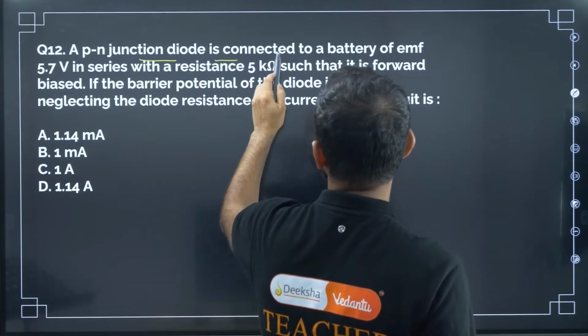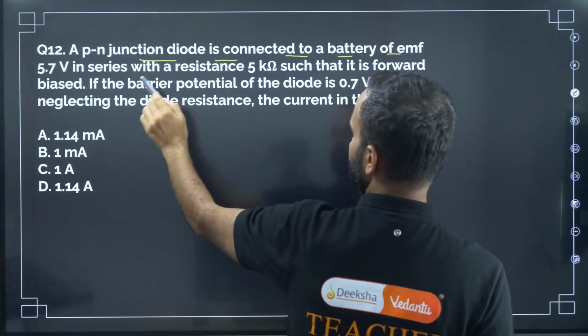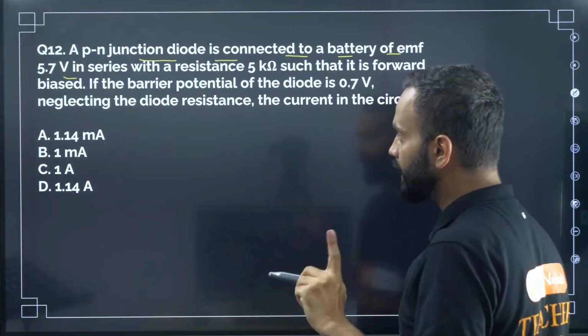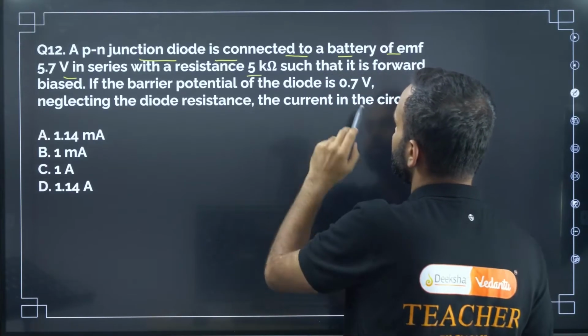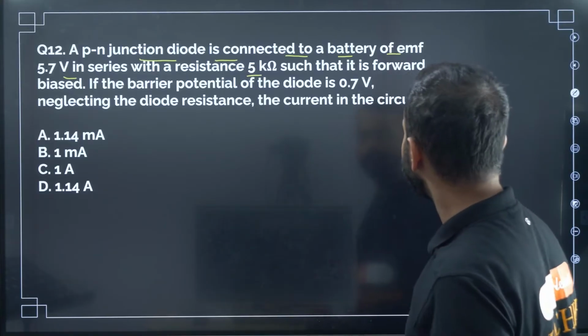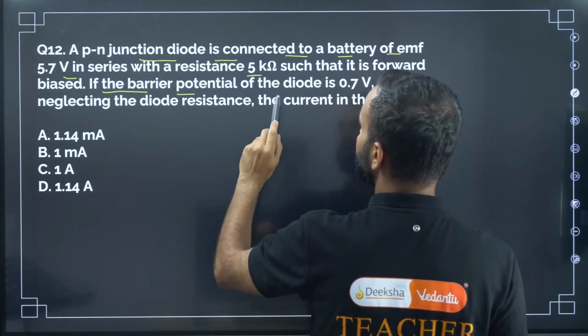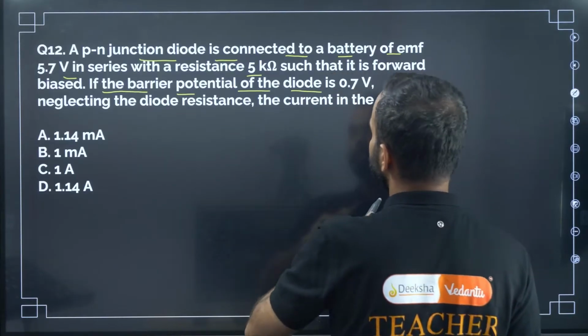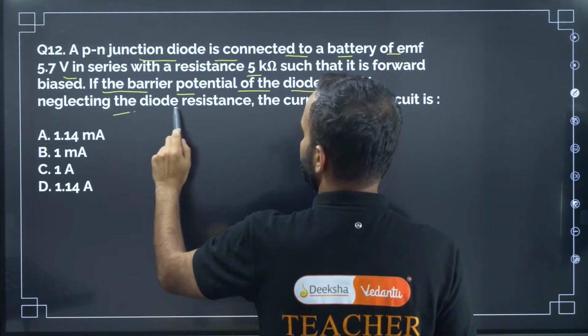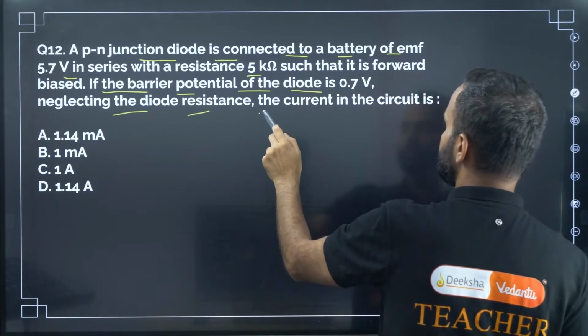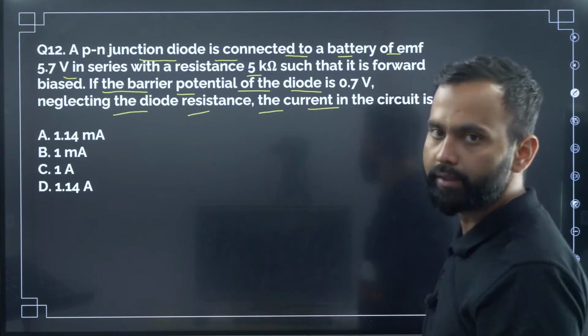A PN junction diode is connected to a battery of EMF 5.7 volt in series with a resistance 5 kilo ohm, such that it is forward biased. If the barrier potential of the diode is 0.7 volt, neglecting the diode resistance, the current through the circuit is?